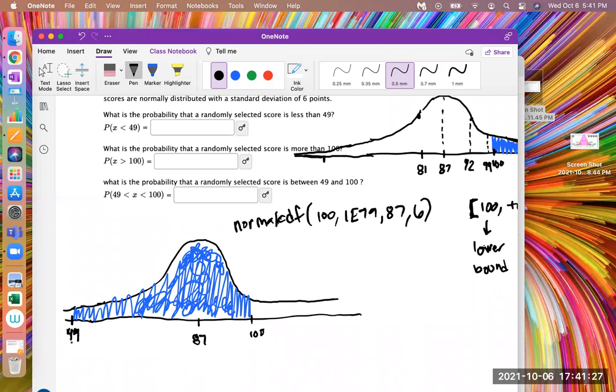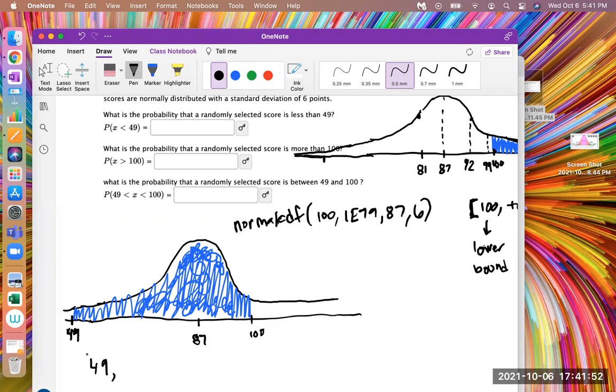Focusing on interval notation, the first thing I have to do to find this area is describe the interval over which it's shaded. So where does this shade? I always go from left to right, like we read. And I ask, where does this shading start? It starts at the 49, so that's my lower bound.